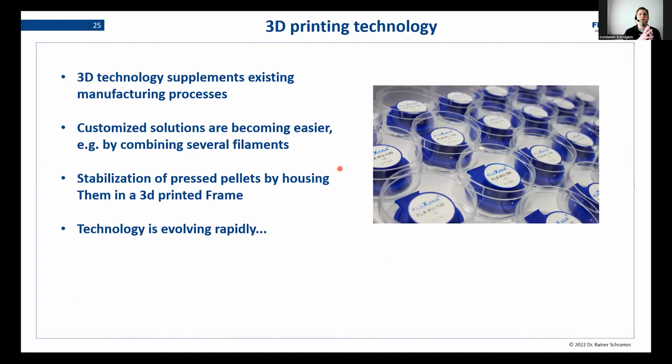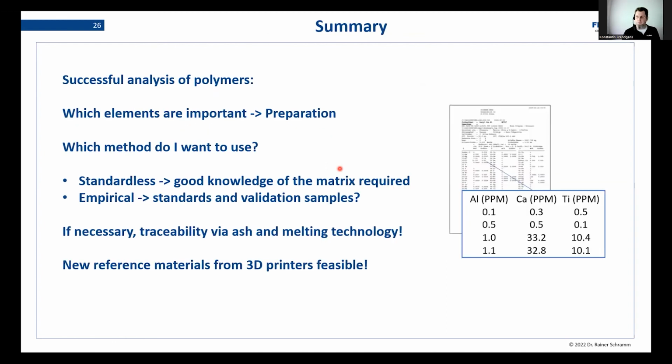But in general, we see this technique as a big opportunity to get more CRMs, which is always good for analytics. There are multiple uses for CRMs, but it's always good to have more samples, and 3D printing might be a new option to get more.